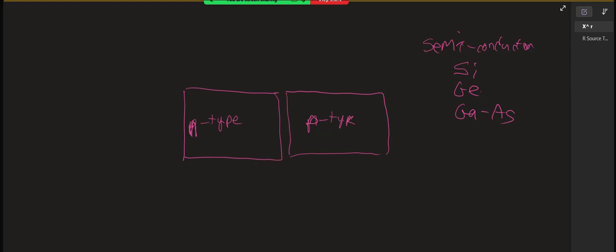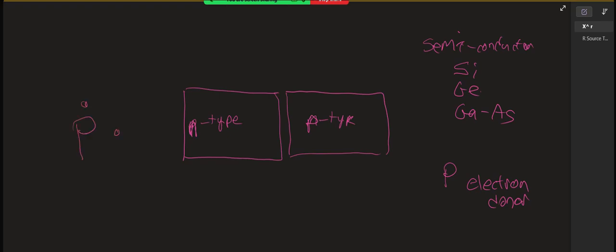If you dope them, you would use something like phosphorus. Phosphorus is an electron donor. Now, when we say it's an electron donor, that doesn't mean that it has extra negative charge to give away. It means it's in column 5, if you remember from your chemistry.